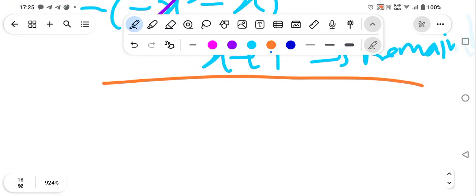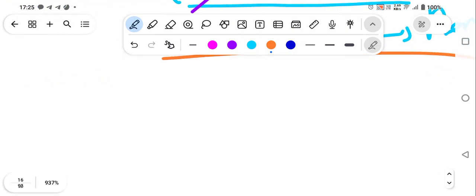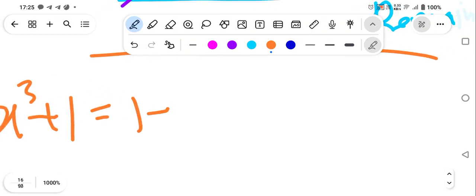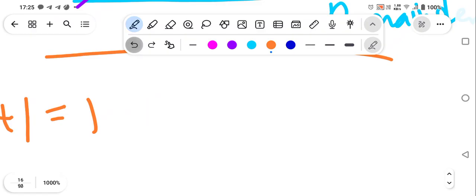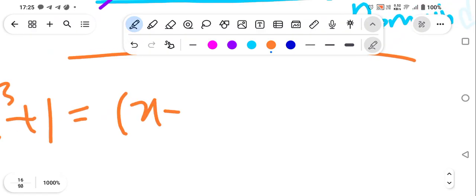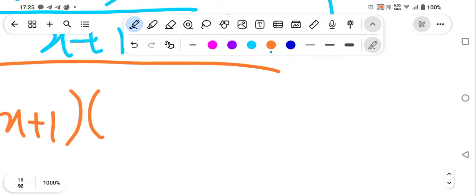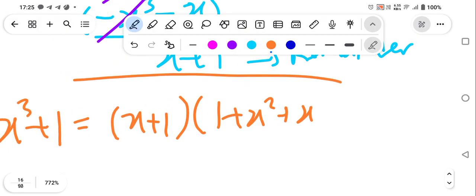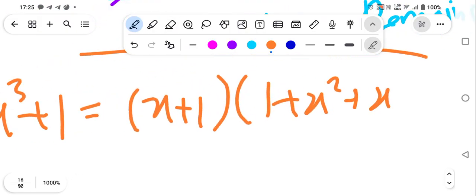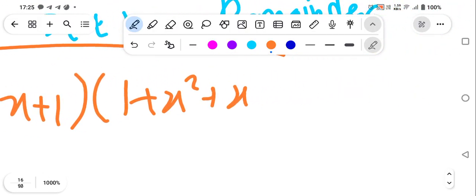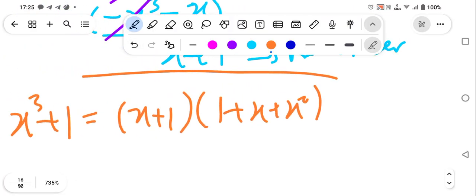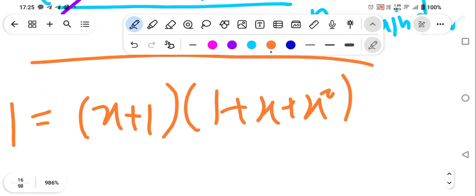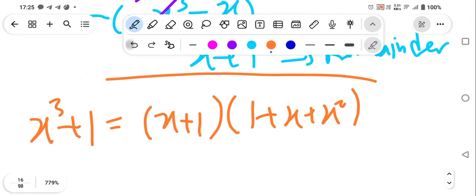So you might discover that x cubed plus 1 is 1 plus x plus 1 plus x squared plus, there it is. Oh, am I doing it right? Maybe, but we're gonna find out, and we're gonna verify eventually. So we got a pretty interesting pattern over here.